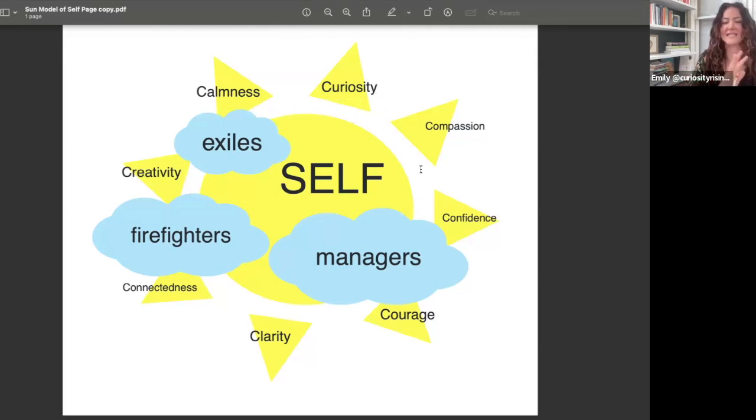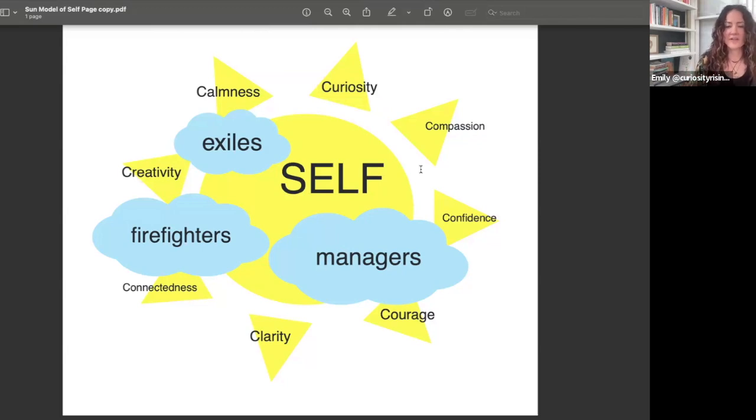Sometimes it's like a cloudy day where the sun is not visible, but we know it's still there. All those qualities are there, but the other parts of us cloud over the sun. Those are our firefighters, our managers, and our exiles. We're going to go into what those parts are, but you can see how they can cloud over the self.